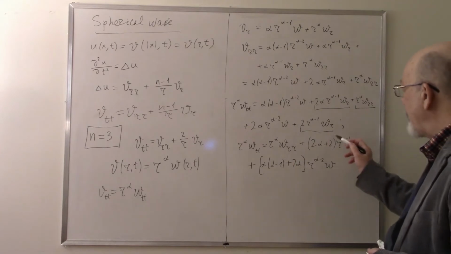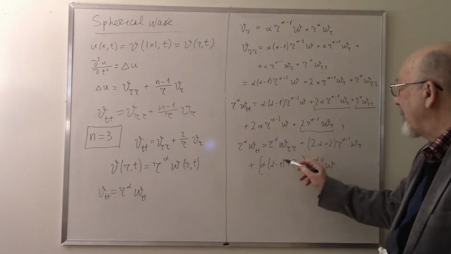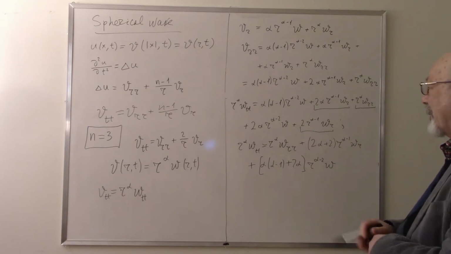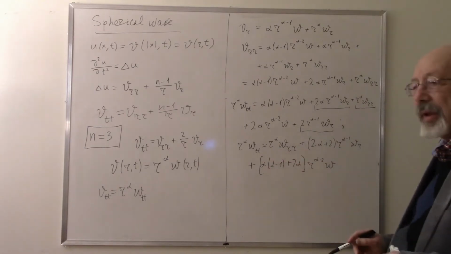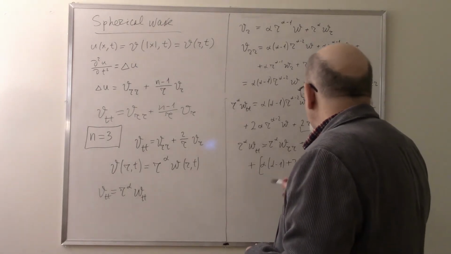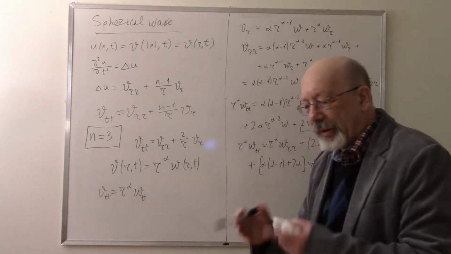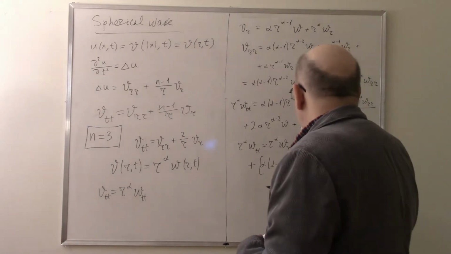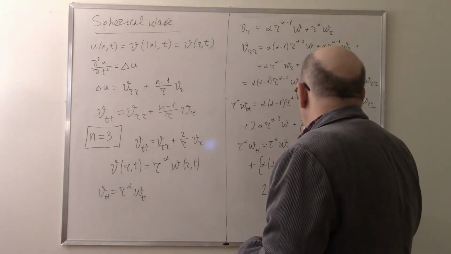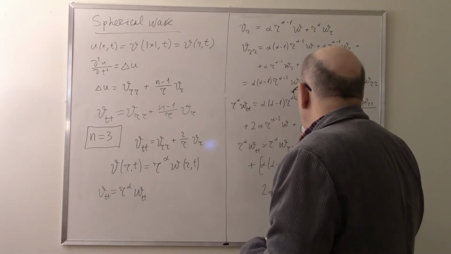But if this and this coefficients are 0, then we are left with the string equation. So let us check. Let us find alpha. Alpha is in our hands. So that 2 alpha plus 2 equals 0.